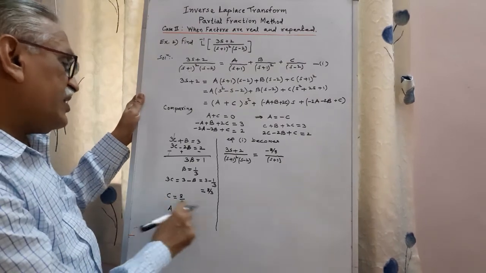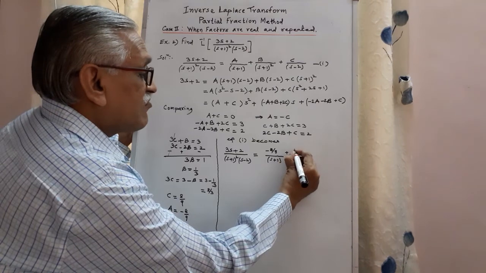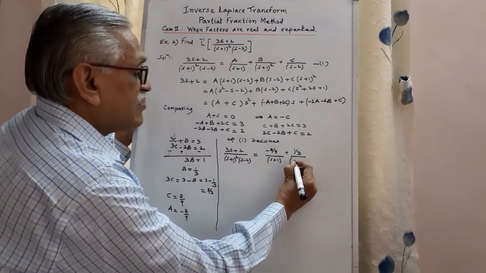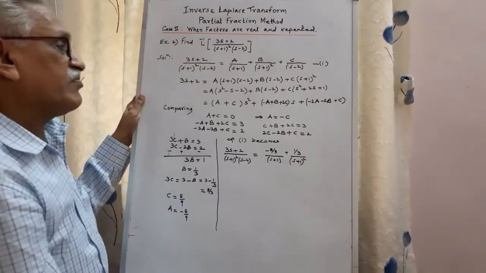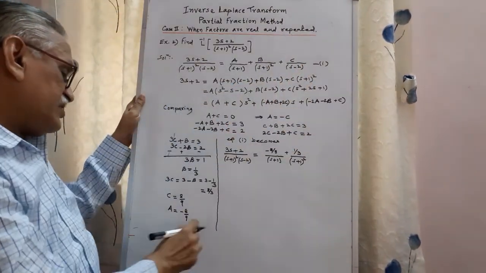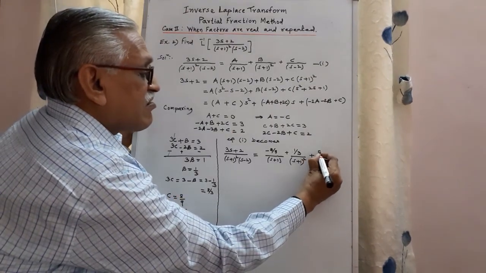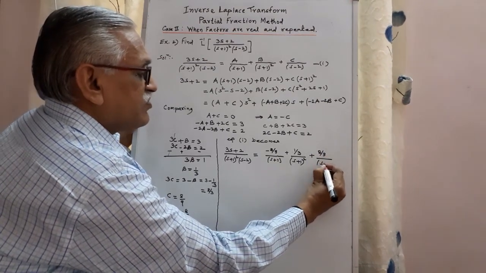The value of b is 1 by 3 divided by s plus 1 square, and the value of c is 8 by 9 divided by s minus 2.